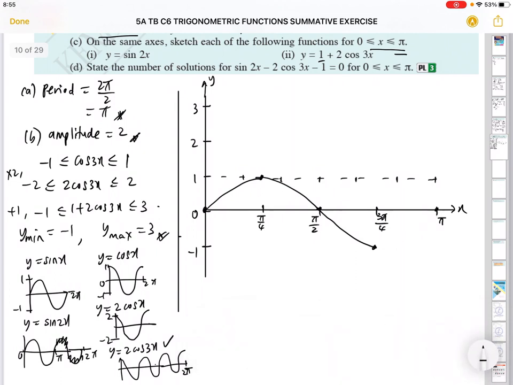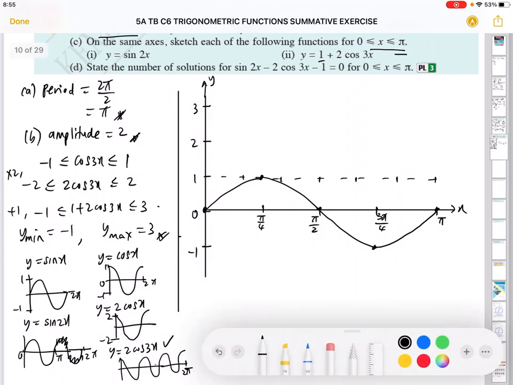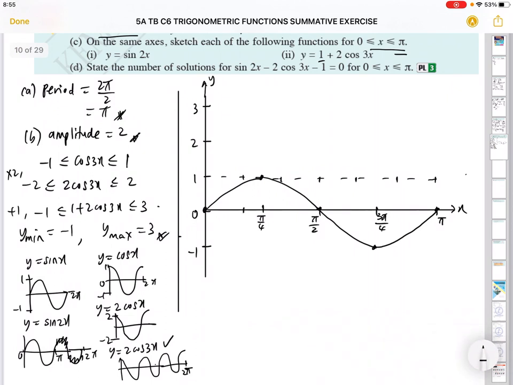Okay, now how about cos? For the cos graph, maybe I have to move this down to show you. When you do 2 pi, you remember you're drawing cos 3x, so you must subdivide into 12 parts, right? But if you only draw to pi, you must subdivide into 6 parts. But it's the same. 2 pi divided by 12 is still pi over 6. So this is pi over 6 here.